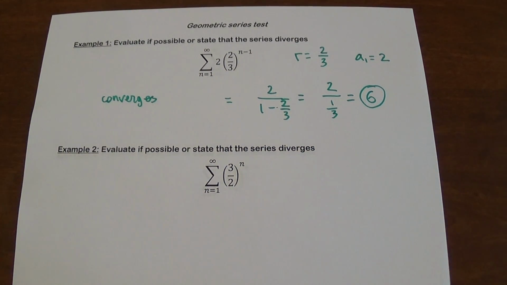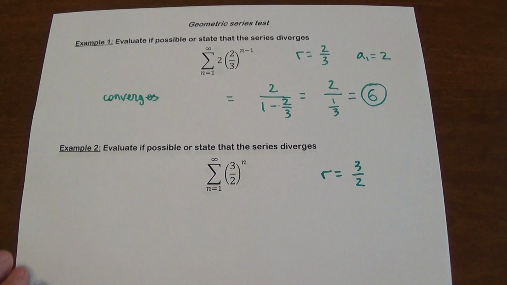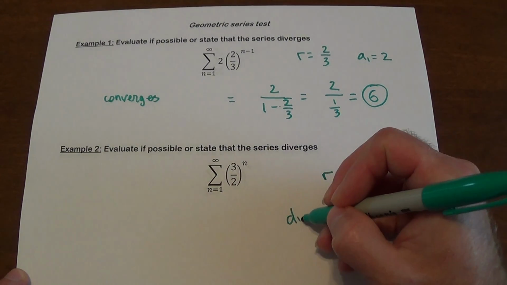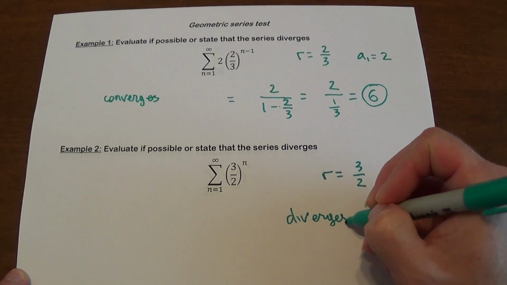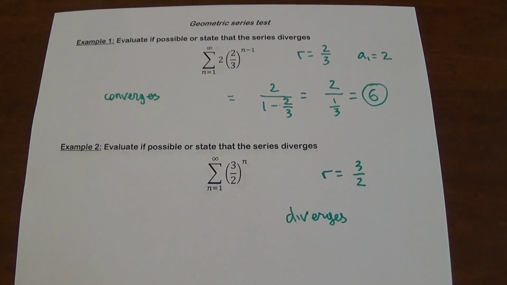Example 2: in this case the common ratio is 3/2, and even if you take the absolute value, it's still greater than 1, so it is going to diverge. Please remember that if you take the common ratio and plug it into the formula for the sum, no matter what it is, you will get a number.